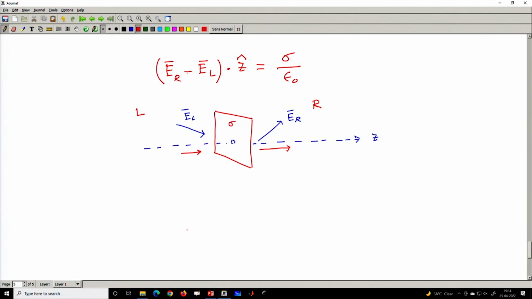Now, if sigma is 0, we can say that the z components of E_R and E_L are the same. So that means we have a matching condition, and the z component of E remains conserved in these two sections L and R.